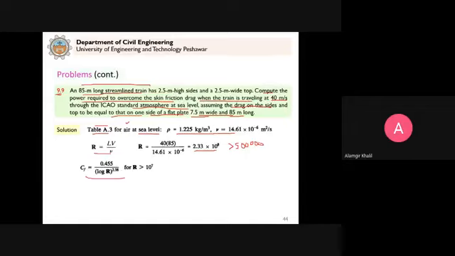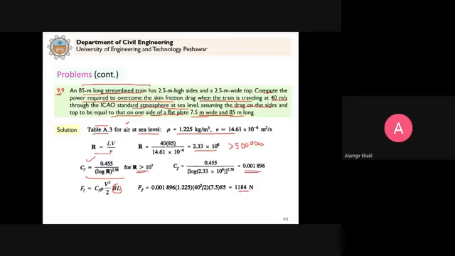So now use this equation. When Re is greater than 10 power 7, we have this expression for turbulent flows, and CF we can calculate here. And then this is the characteristic area BL, 7.5 into 25 meter. This is the friction force.